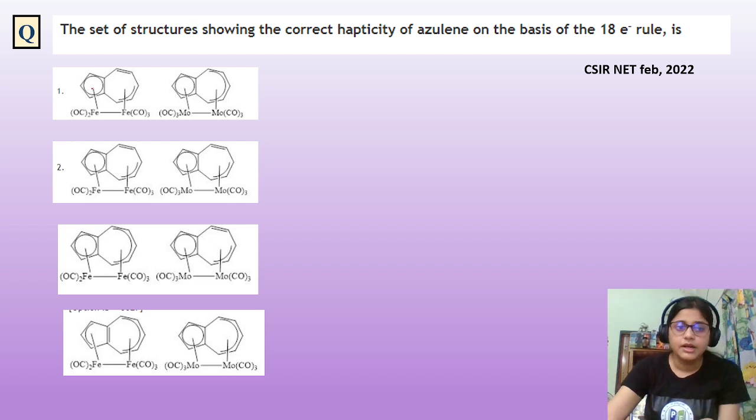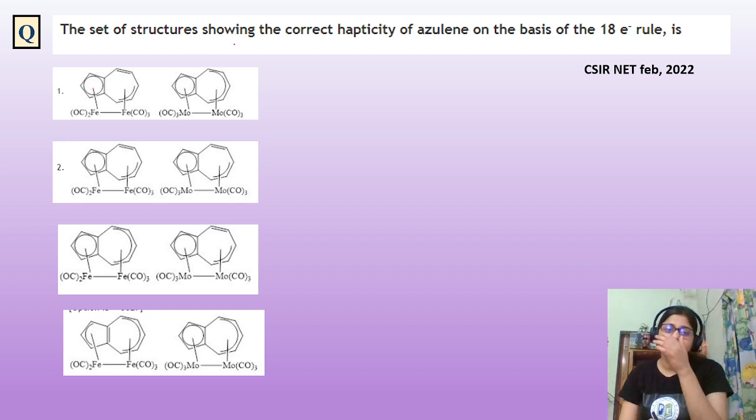Okay. Now coming to this question: the set of structures showing the correct hapticity of azulene on the basis of the 18 electron rule. Again, see how the 18 electron rule can be helpful in finding the hapticity of the ligand also. You just have to count the electrons and equalize.